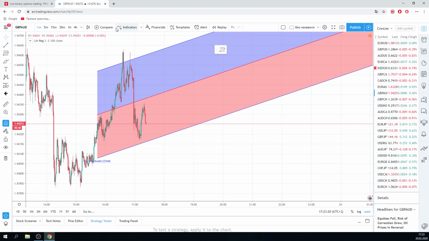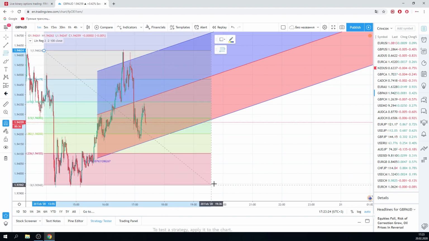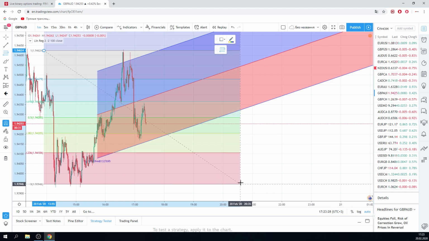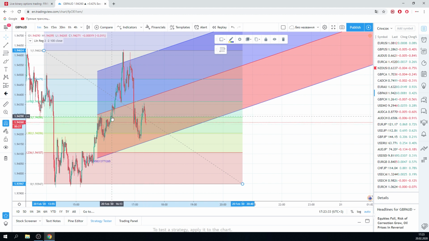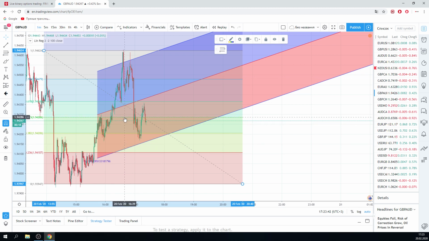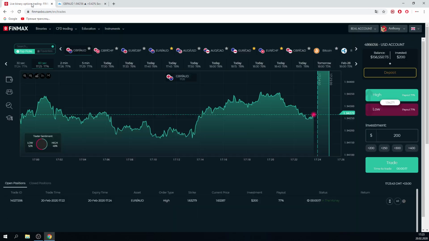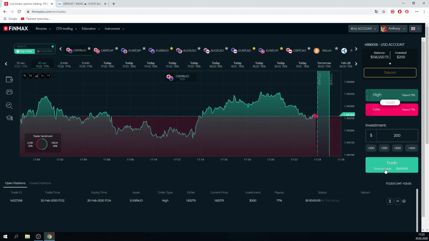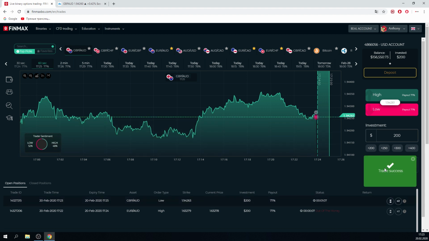Okay, GBP Aussie. If I draw the Fibonacci retracement right now, I can see the situation is not so different. GBP Aussie did break the 0.5 level, but still we have the space. Okay, for GBP Aussie I'm going to open for the low direction, with the same time frame.